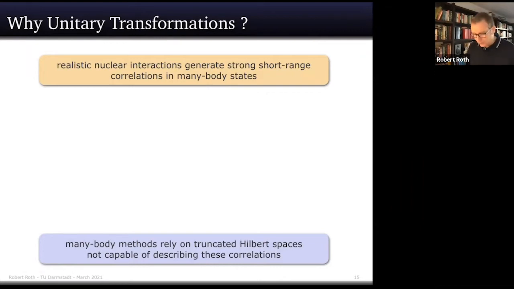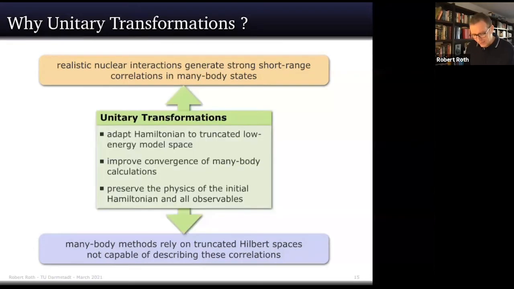Now, I wouldn't be here if there were not solutions for this problem. And these solutions are typically connected to unitary transformations. They are the bridge between these two ends. We can use unitary transformations to, so to speak, adapt the Hamiltonian to the truncated low energy model space that you use in your many-body calculation. And by that, you improve convergence. You can live with finite model spaces without tainting your results.